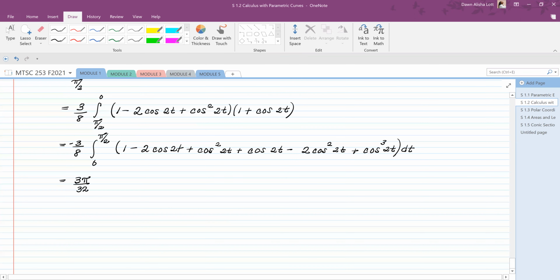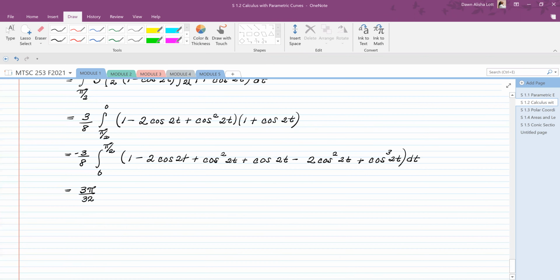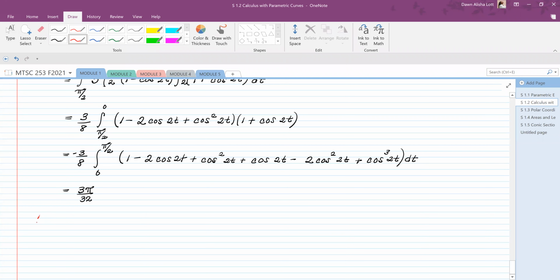Okay, so therefore, I can conclude that the area inside the asteroid is 4 times that.